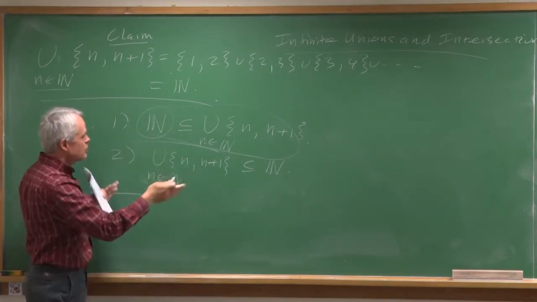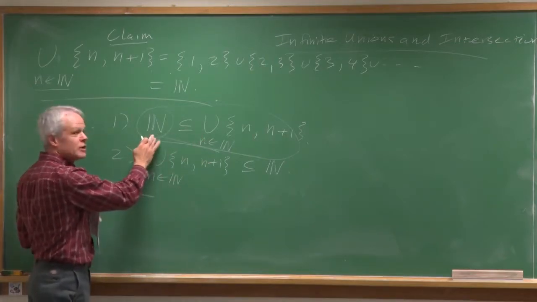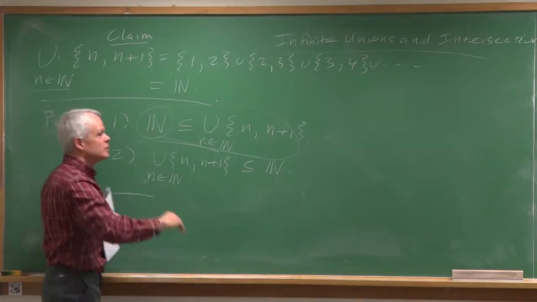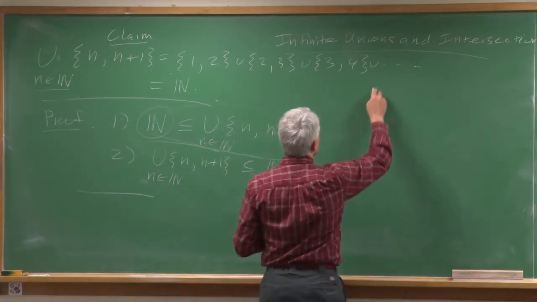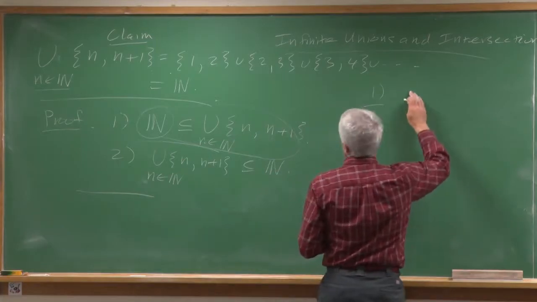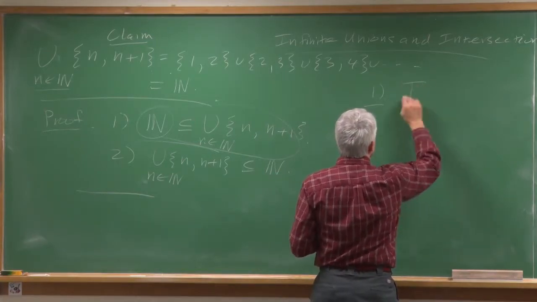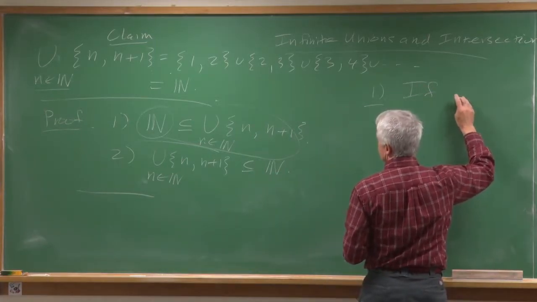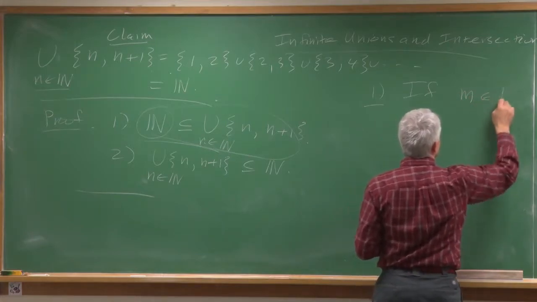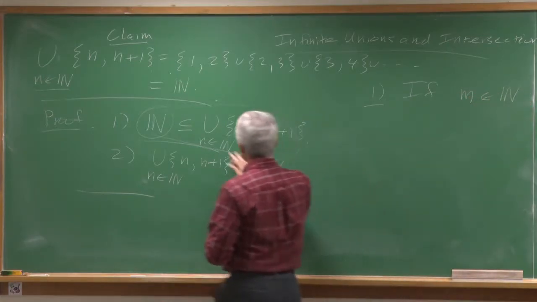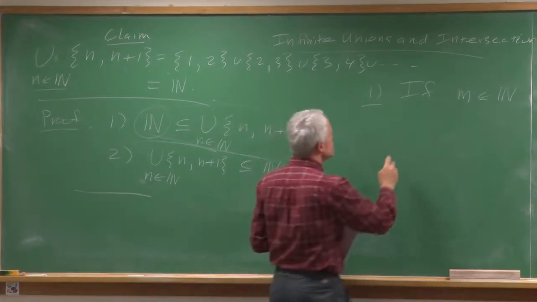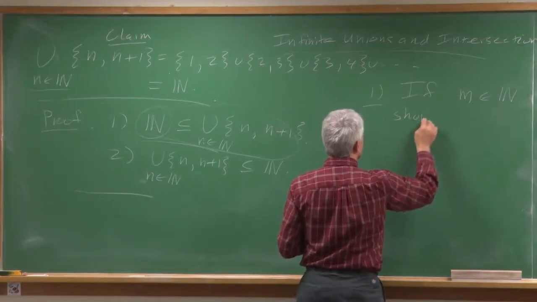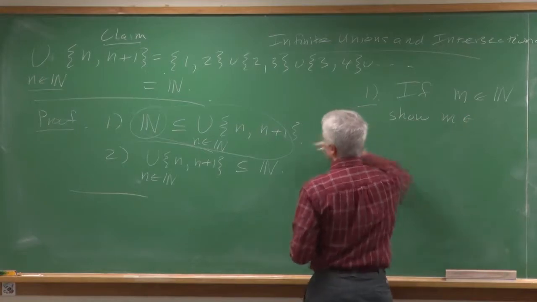Don't think about the set as a whole. Think about a single, arbitrary element in there. So for one, if we have an element in here to start with, let's call it m. I'll use a different letter since I've already got n's over here. We need to show that m is in this second set.